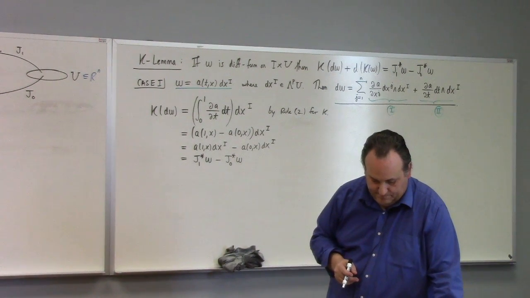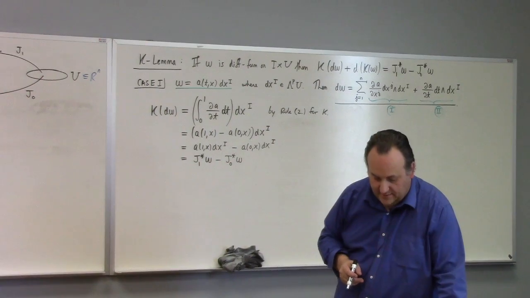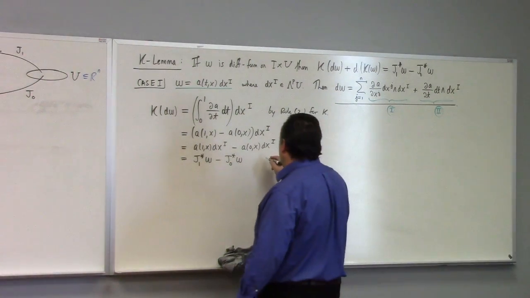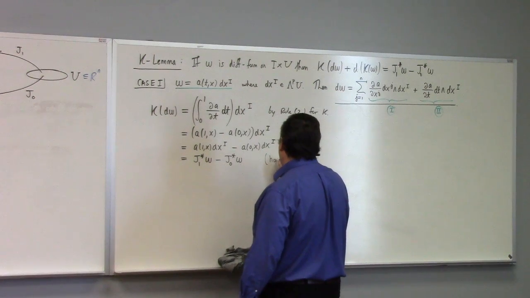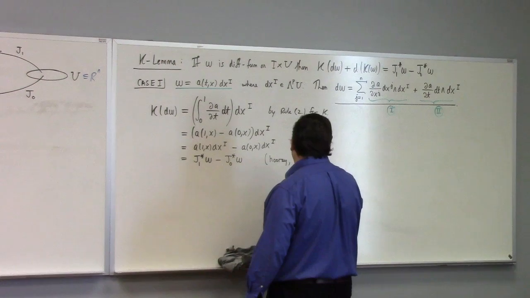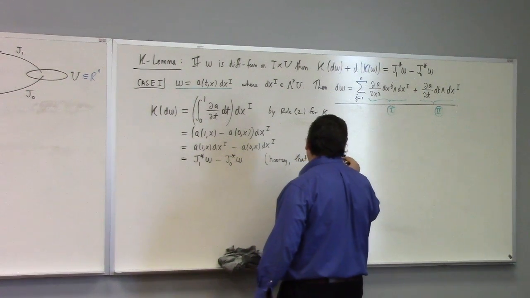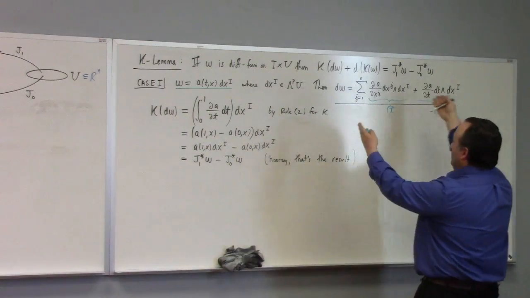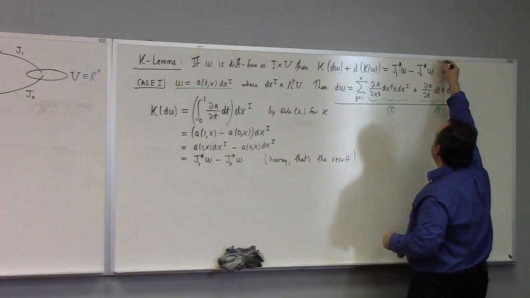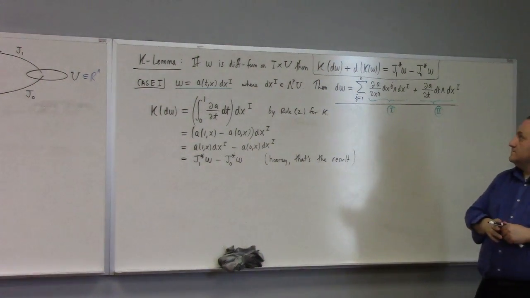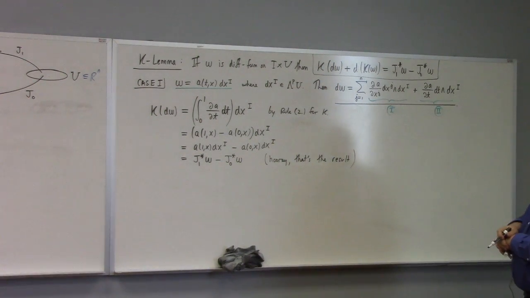And hey, hooray. That's what we wanted, right? That's the result. See, that's exactly what the K-lemma said, yeah? And that's because d of k of omega is 0.